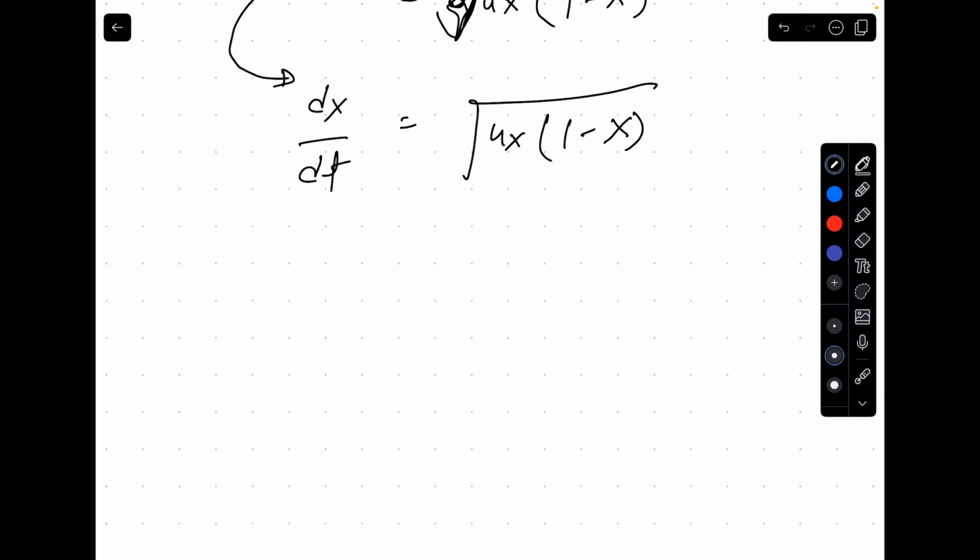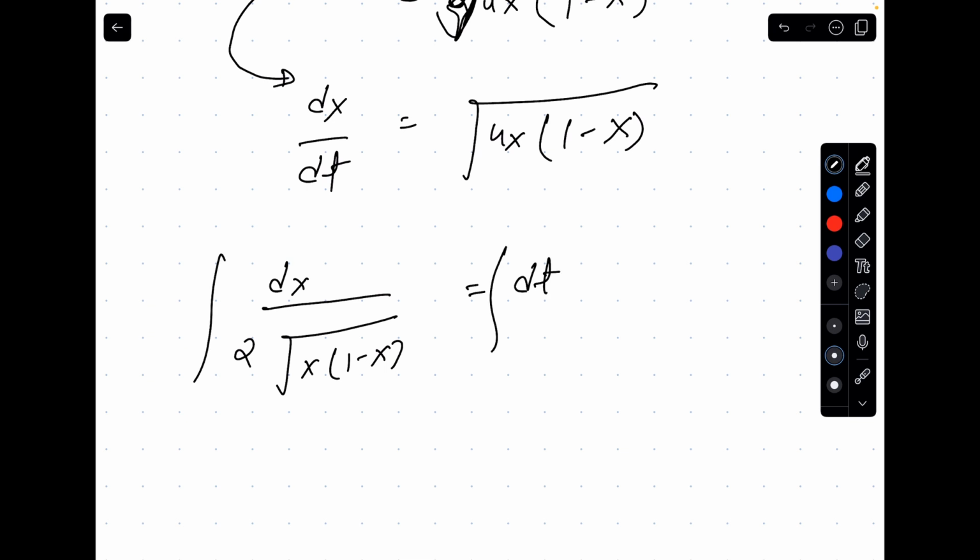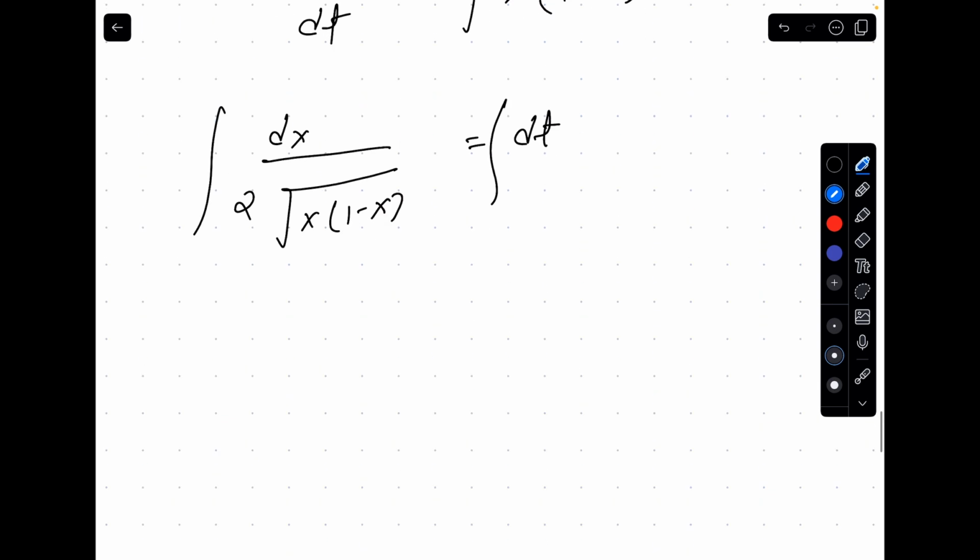So I have dx divided by 2 times root of x into 1 minus x equals dt. Now here it seems a bit complicated integration. So what I will do is assume that x is sine square theta. Then I will get dx as 2 sine theta cos theta d theta.